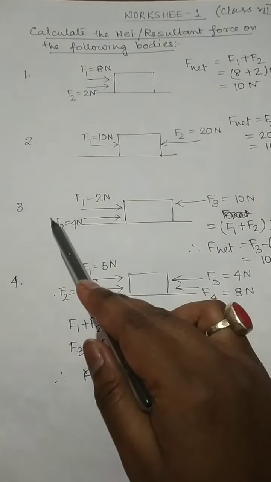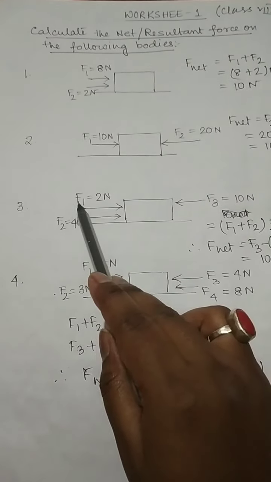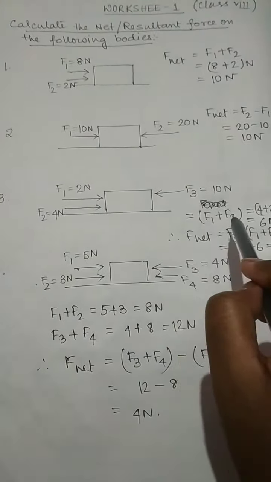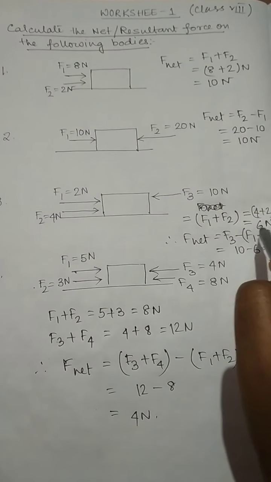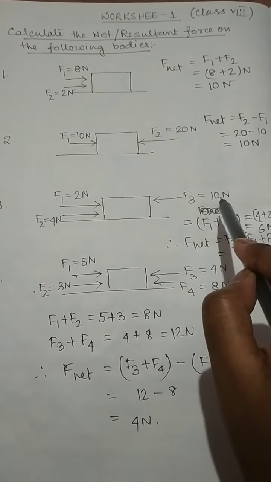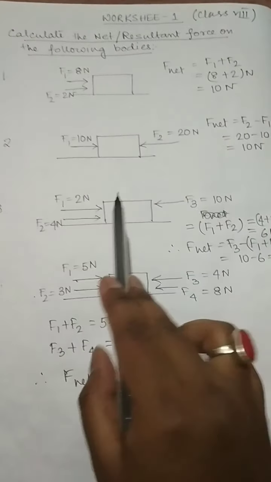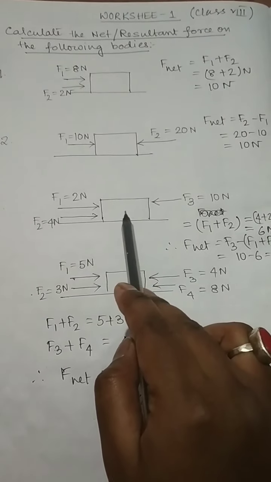Now first we will take this side, all the forces acting in this direction. So we have to add them, that is F1 plus F2, 4 plus 2 is 6 Newton. And on this side we have only one force, that is 10 Newton. Now we know that on this side the total force is 6 Newton and on this side the total force is 10 Newton.